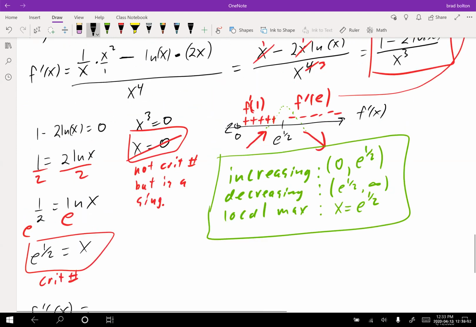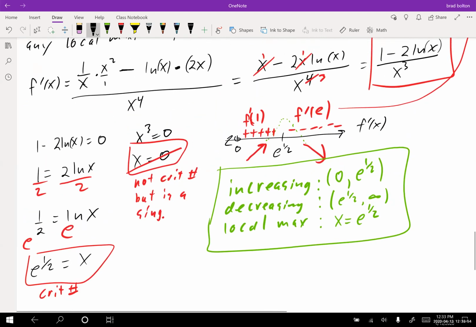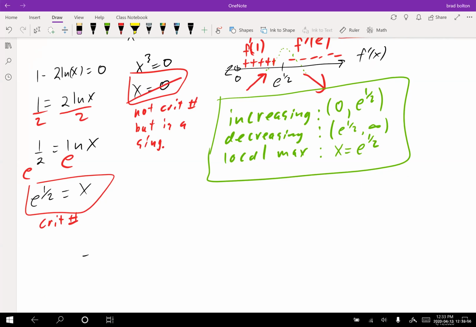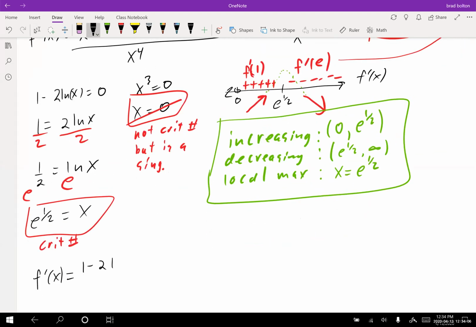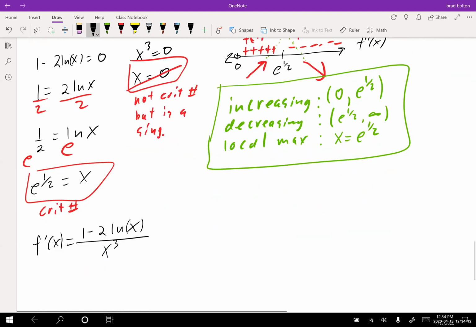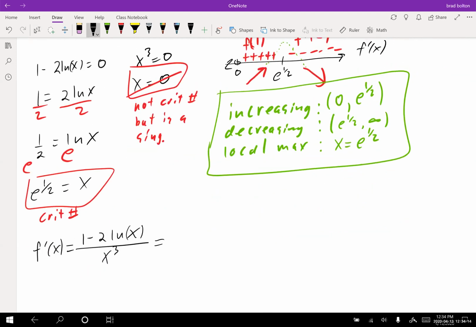So for f double prime of x, you know what, let me rewrite it over here so we have something. We have f prime of x equals 1 minus 2 log of x all over x cubed. So now we want to find f double prime, which is the derivative of the first derivative.